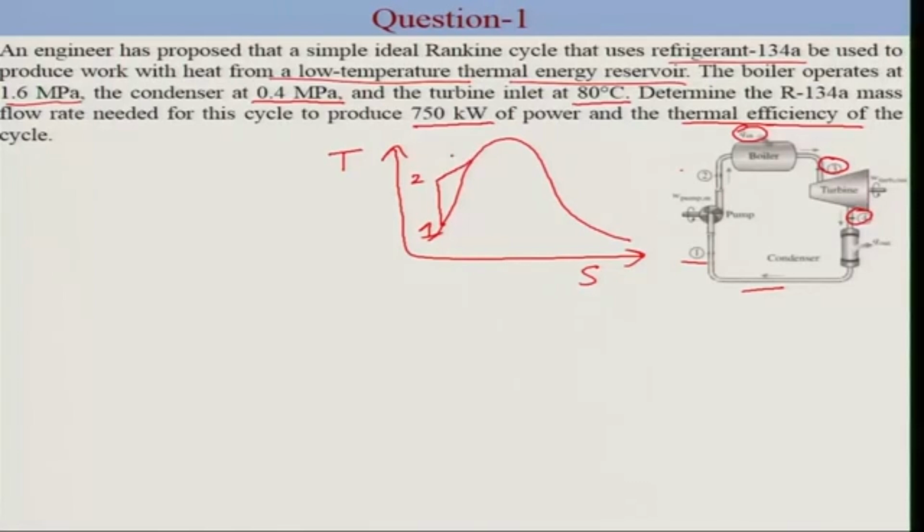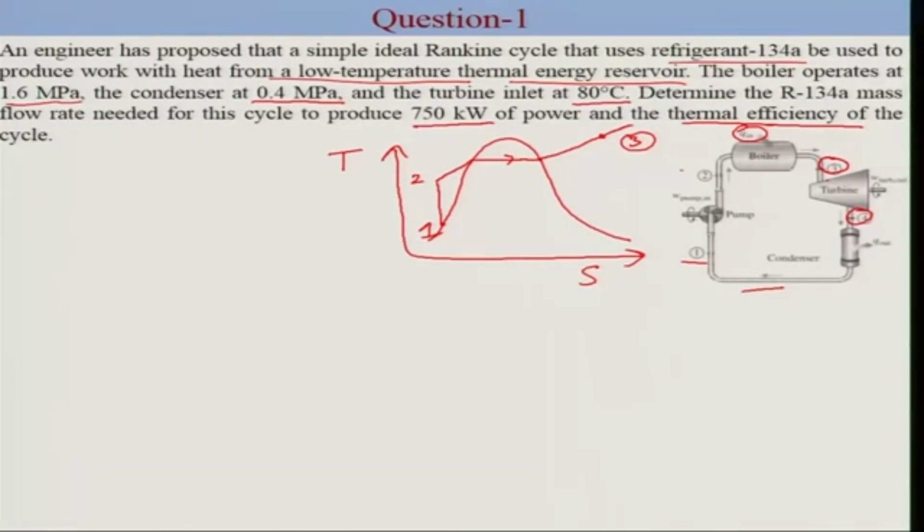So the state will change and it is added till it's superheated. So now from the state 2 to 3, this heat is being added and because of that temperature is increasing.